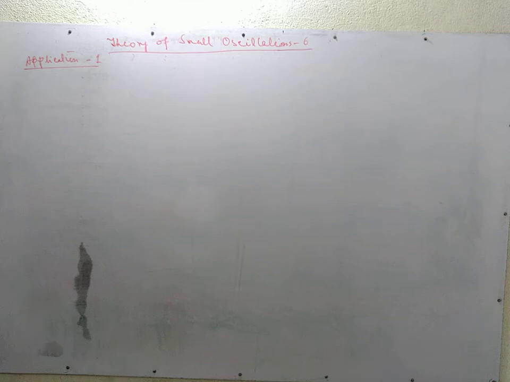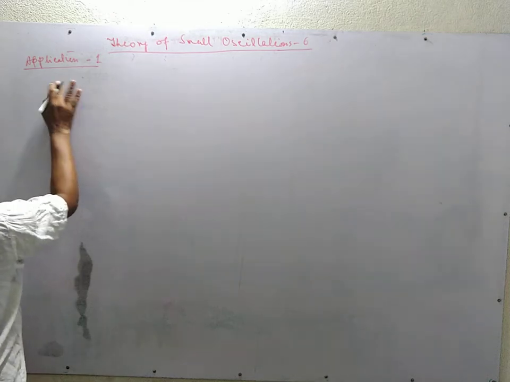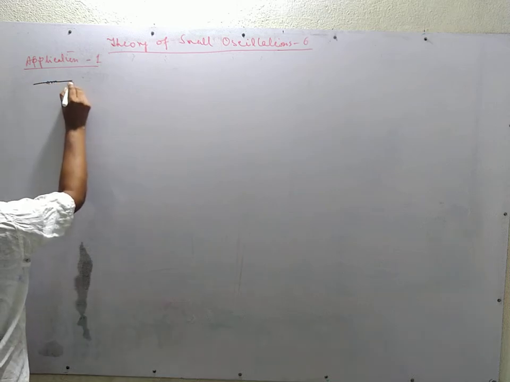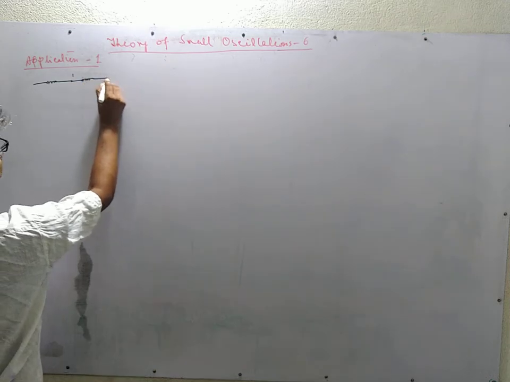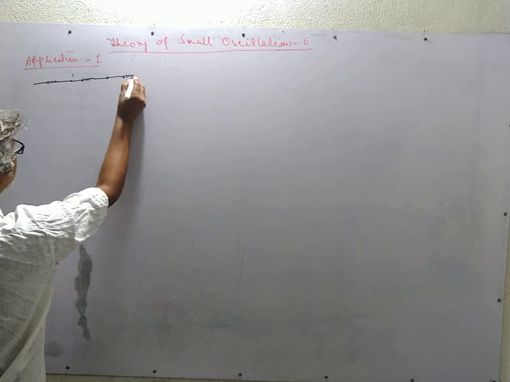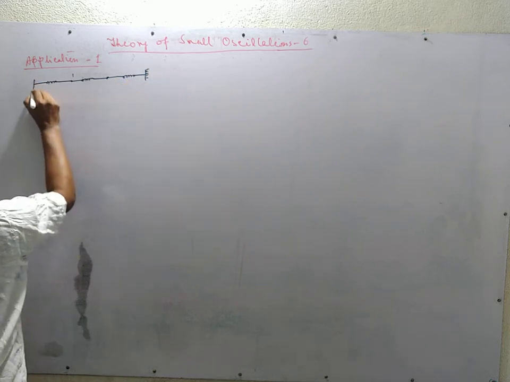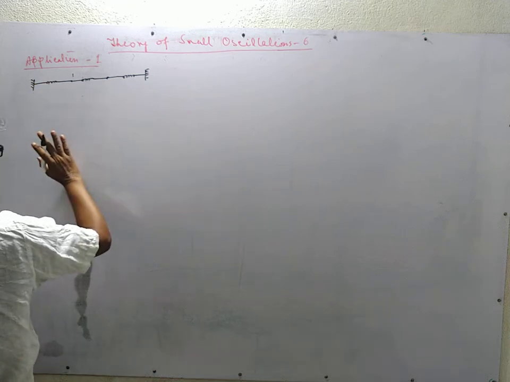Today we consider a system which comprises two identical masses connected by three identical elastic springs, each of spring constant K, and the combination is kept on a horizontal frictionless table.